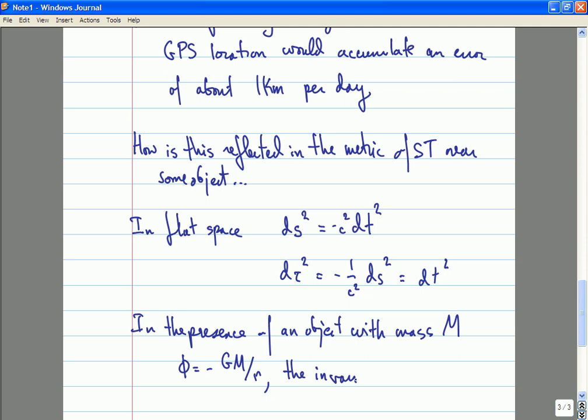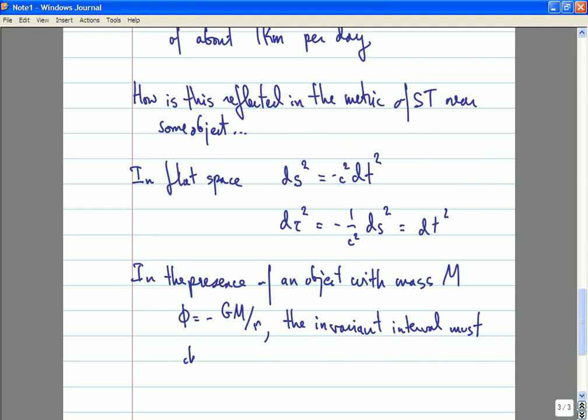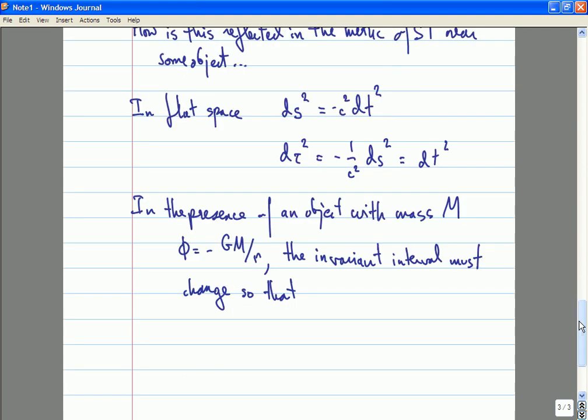So the invariant interval must change so that if you're sitting at constant radius and you want to measure the amount of time it takes as measured by your clock at constant radius, it will be slower as compared to some other guy at some different radius.